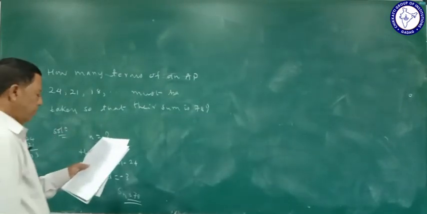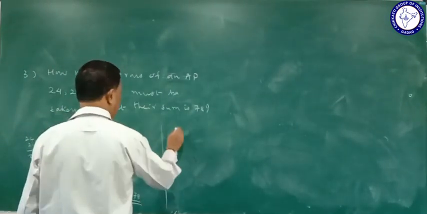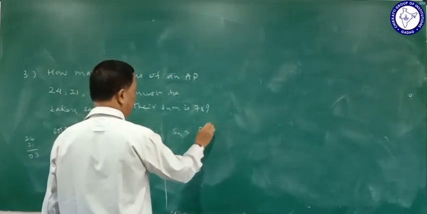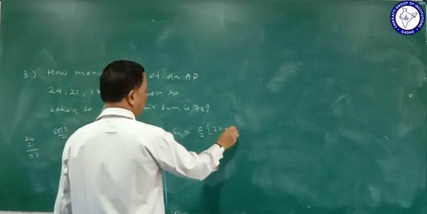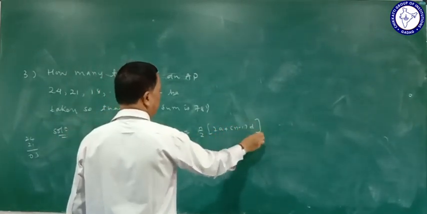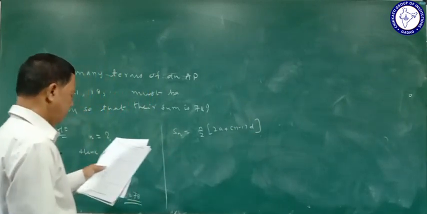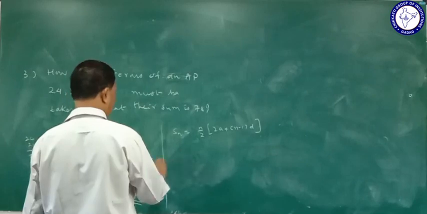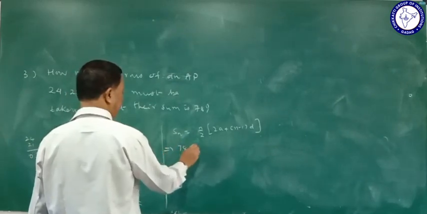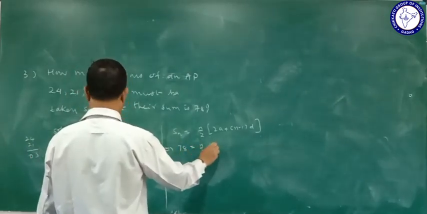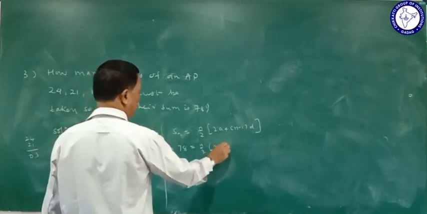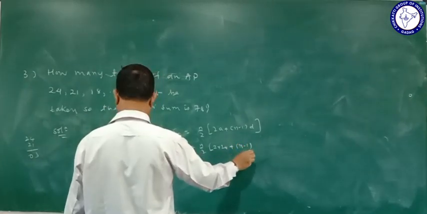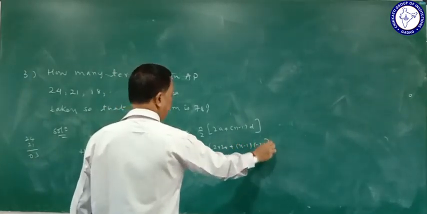Now see the formula that we have seen: Sn is equal to n by 2 into 2a plus n minus 1 into d. Accordingly, Sn is 78, and n by 2 into 2a, which is 2 into 24, plus n minus 1 into d, with d being minus 3.